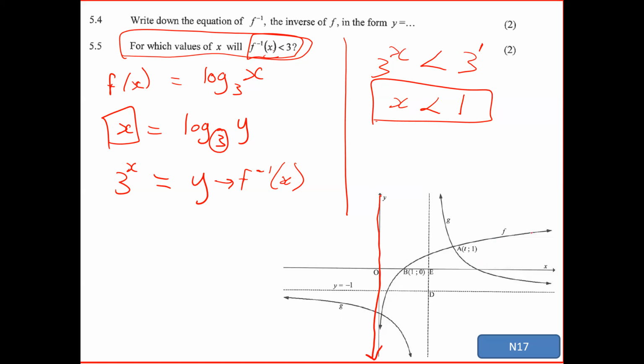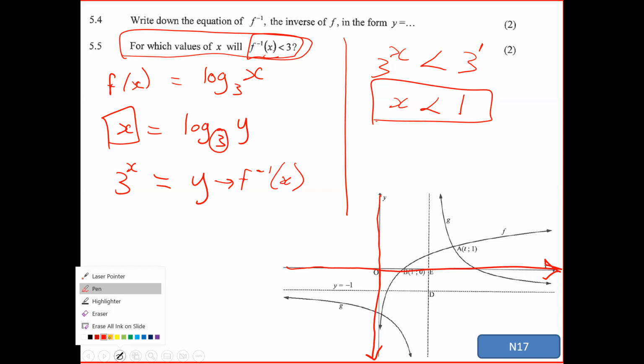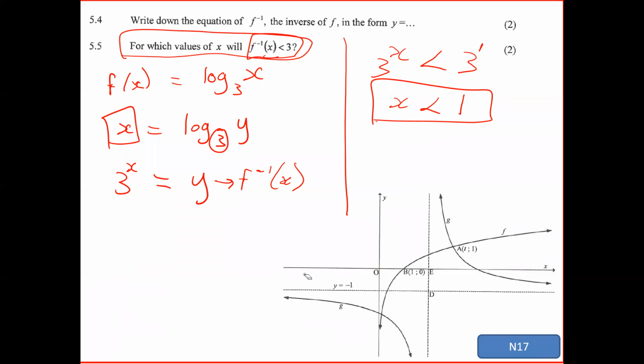So that is the log graph. The inverse is the exponential graph. So the asymptote will now change to the x-axis. So that means we will have a restriction. Okay, let me do that again for those of you who cannot see it. Let's use a highlighter. Highlighter come alive, right?